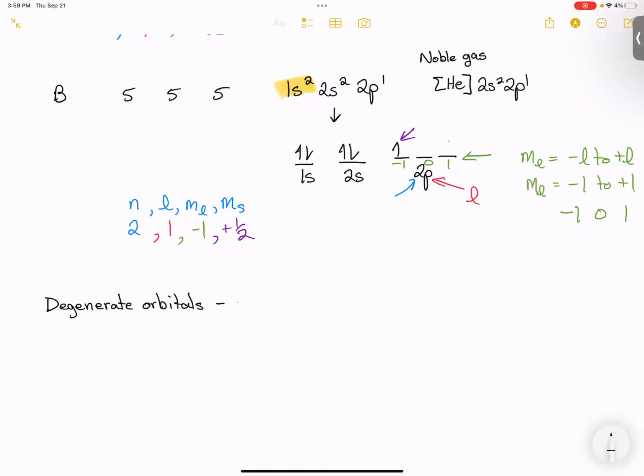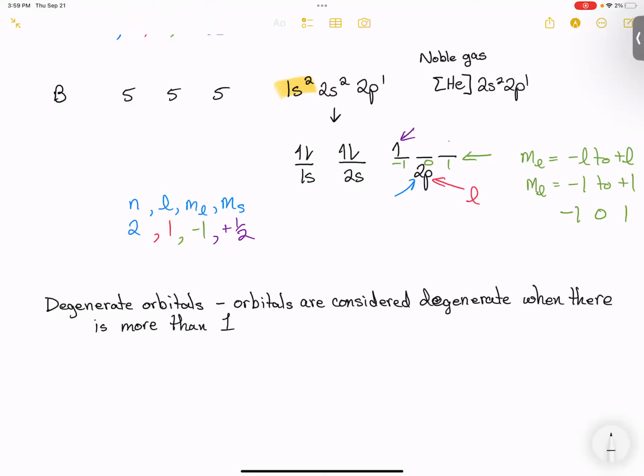And basically what it boils down to is orbitals are considered degenerate when there is more than one orbital in a subshell.